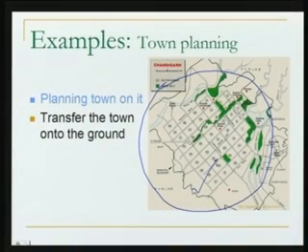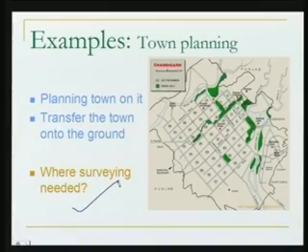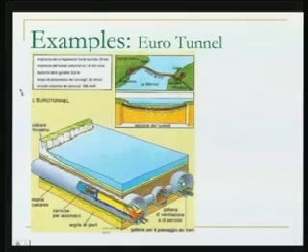So the next thing we need to do is transfer this gridiron pattern, or we can say the town, onto the ground. To transfer the town onto the ground, we need to do surveying. So now you know, in this exercise also, we require surveying. So this is another example where we need surveying.